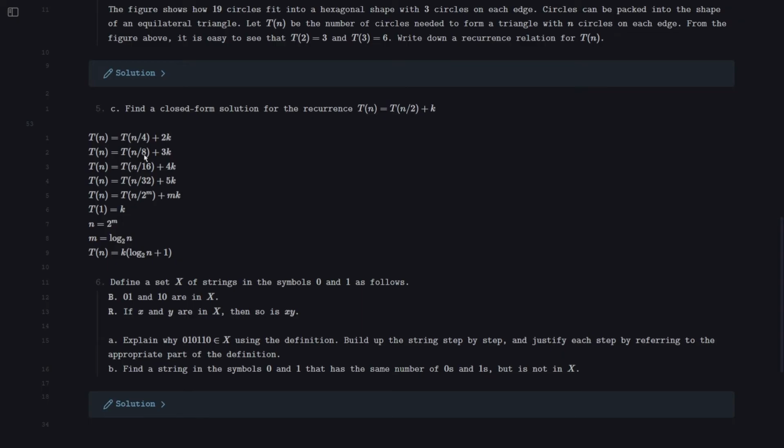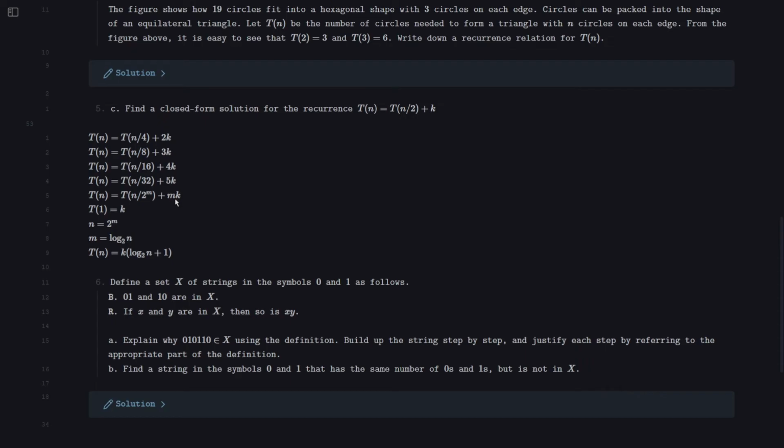So we divided by 2, and then we added 1 to the k. We divide by 2, add 1 to the k, and so on and so on. And so we can represent this in a more general way as t of n divided by 2 to the m plus m times k, since we divide by 2 every time, and we add 1 to the count of k's.